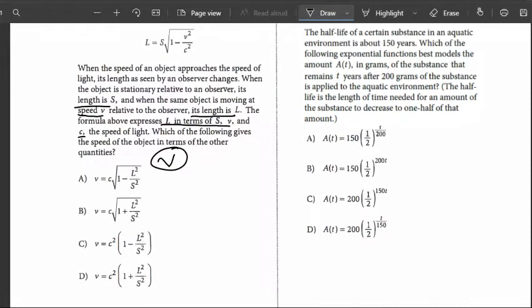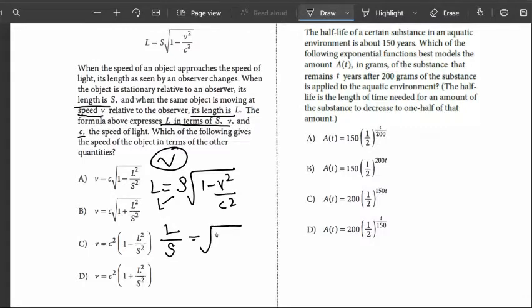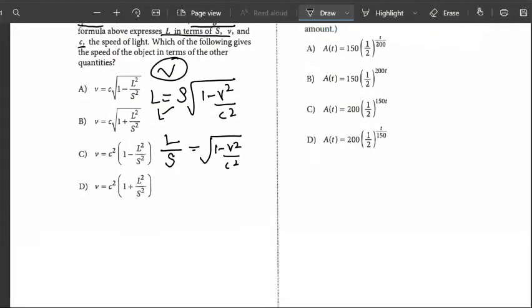So let's write this equation down. L is equal to s root of (1 minus v square by c square). Let's take s down over here. L by s is equal to root of (1 minus v square by c square). So to get rid of the root, let's square both sides. L square by s square is equal to 1 minus v square by c square.